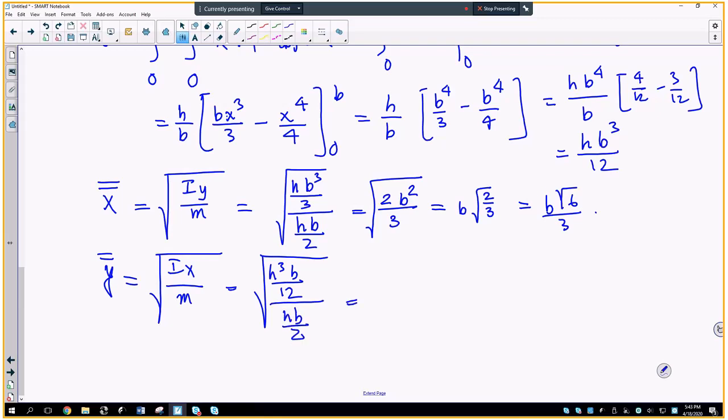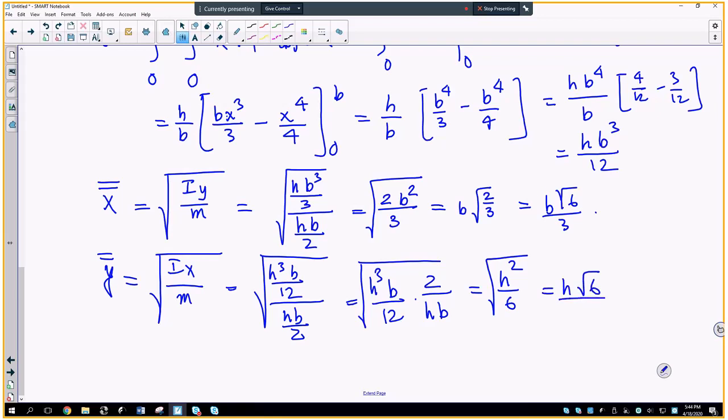So this is going to be h cubed b over 12 times 2 over hb, and then we are going to do all our possible cancellations. So 2 cancels this thing, and you get a 6. So you get h squared over 6, and I think I made one more mistake in this problem.